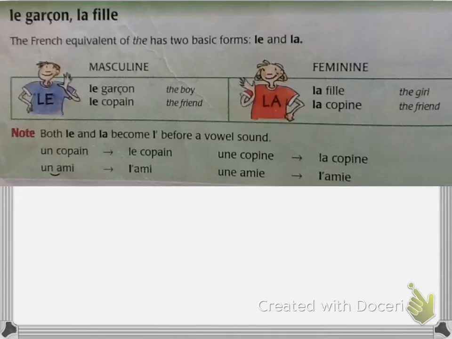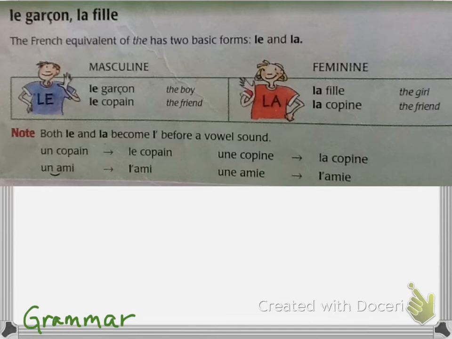So remember, this is grammar because this is one of those green boxes. So this is talking about le garçon, la fille. The French equivalent of the has two basic forms, le and la. So the masculine is le garçon, le copain. The feminine is la fille, la copine.